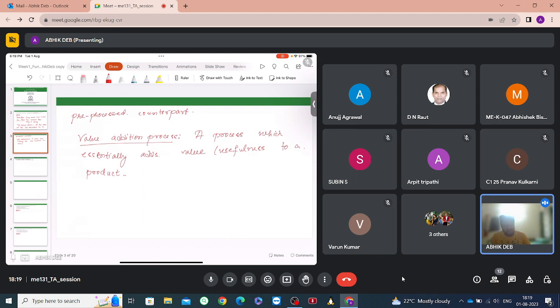So in this value addition process, the value will increase in the final product.